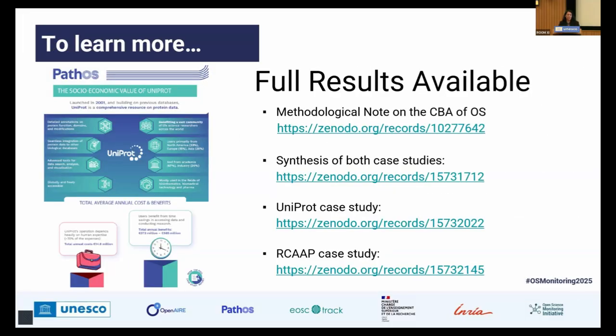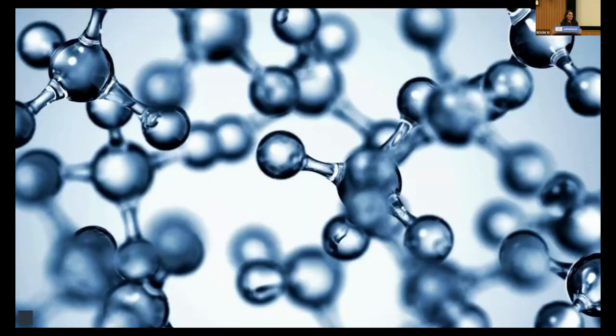We tested this methodology on 2 different open science practices, and here you will find the result of our assessment. A methodological note provides the description of the framework, and each case study shows how we applied these methods, the challenges, and the solutions that we found in applying this methodology. Now, there is an open science video.